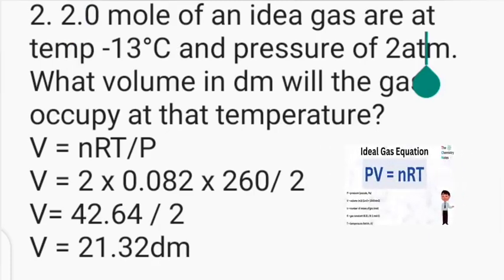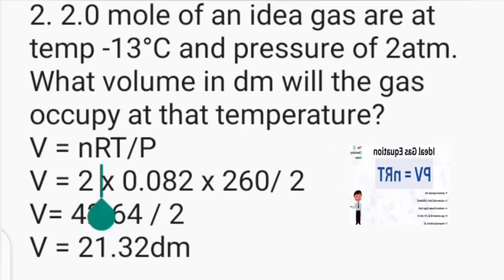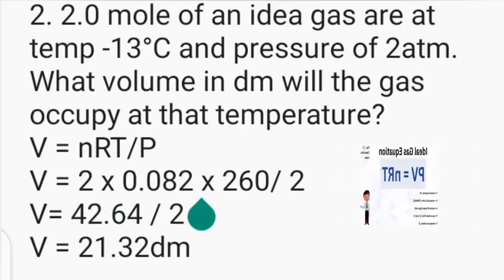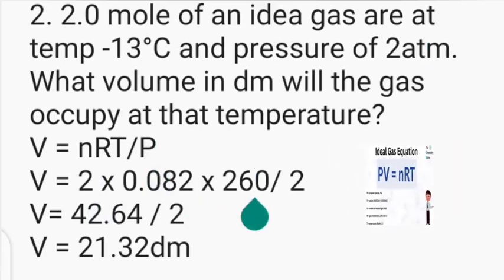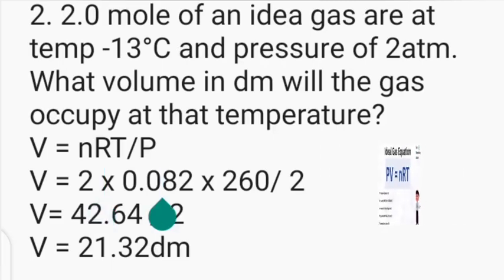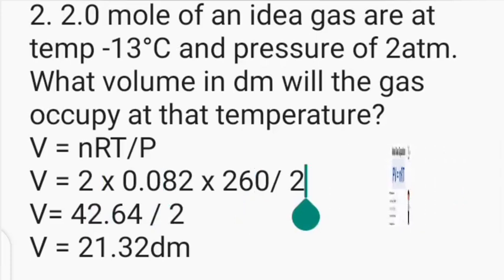So nRT is 2 for the number of moles, R the gas constant, and the temperature, divided by the pressure, which is 2. So 2 times 0.082 times 260 divided by 2 gives 21.32 dm cube.